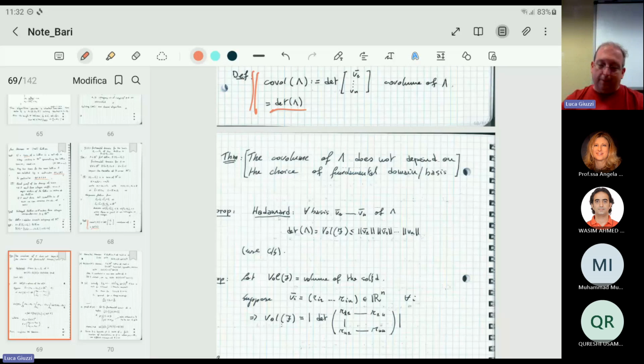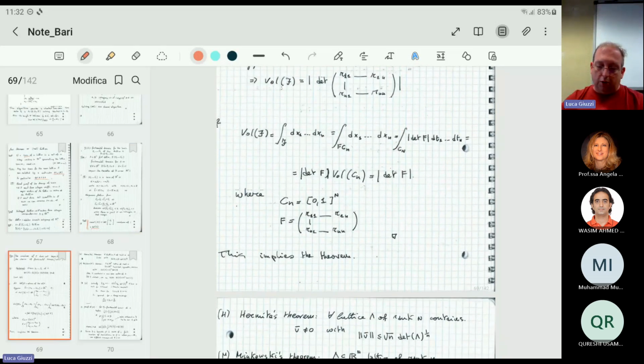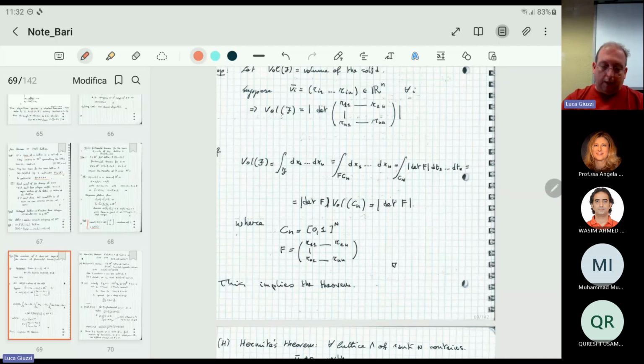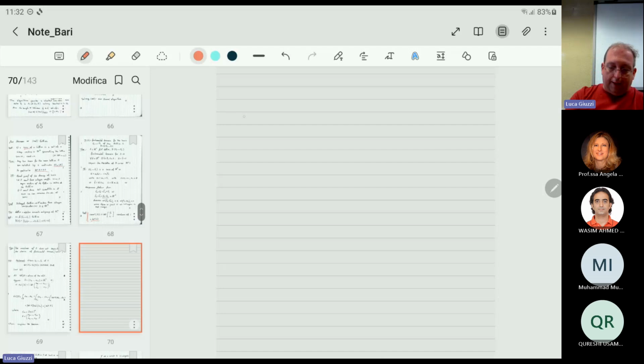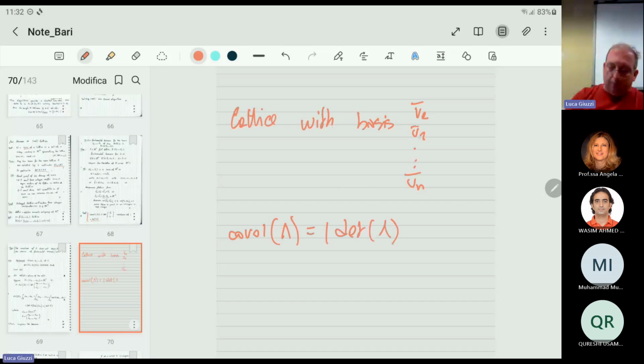Because let's think about this. Let's have a lattice with basis v1, v2, and so on. We said covolume, using the notation lambda, equals the determinant of the basis.